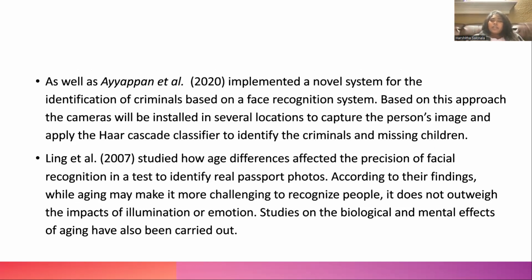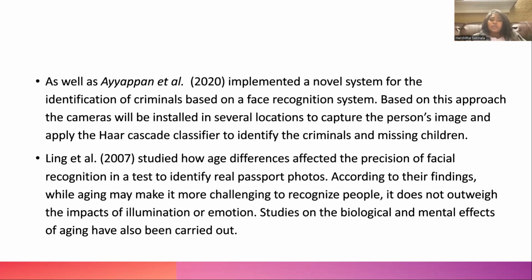Based on this approach, cameras were installed in locations to capture pictures of people, and then an algorithm called HAAR cascade was run on those pictures, and the results were shared.